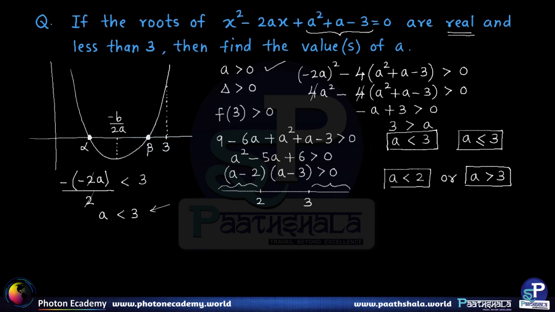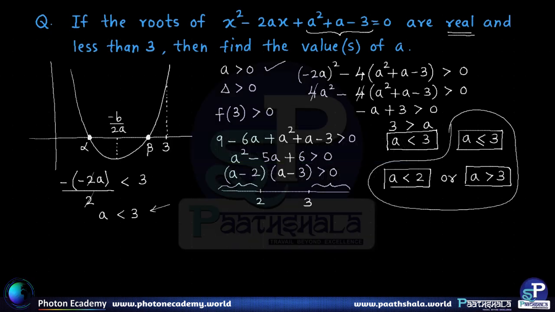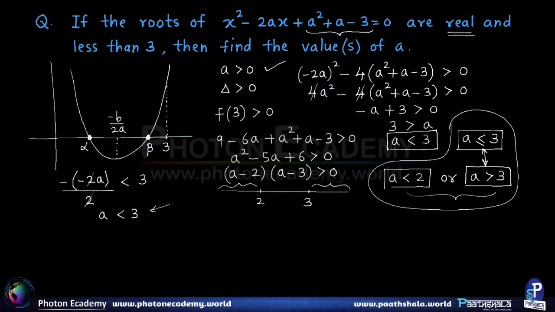So that means we have to now merge and write a final condition among these conditions. So if a is less than or equal to 3, this must be satisfied, and we also must satisfy the second condition, that is a has to be less than 2 or a has to be greater than 3. Now if you consider that a less than or equal to 3 and a greater than 3, they are contradicting, so they can never be true simultaneously.